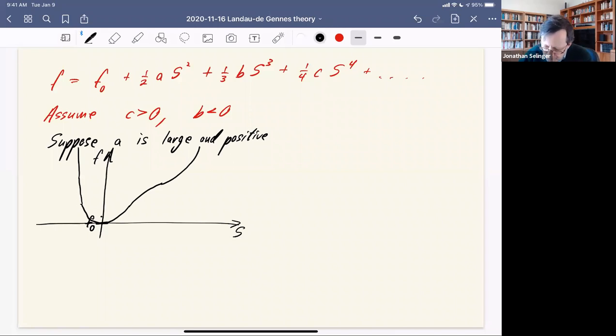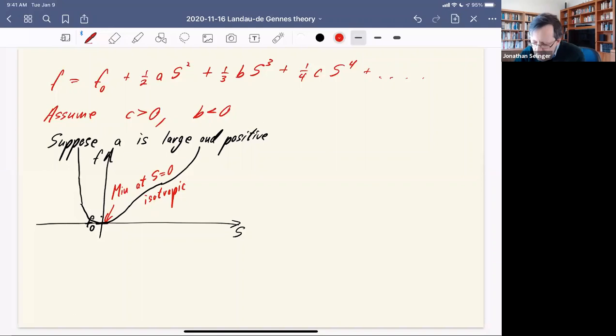In that case, we can see that the minimum is at S equals 0. This is the isotropic phase with S equals 0.